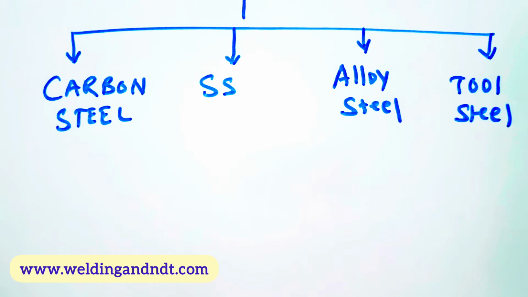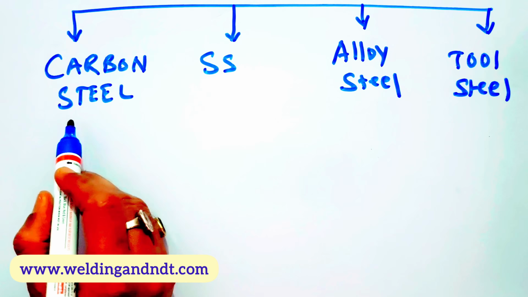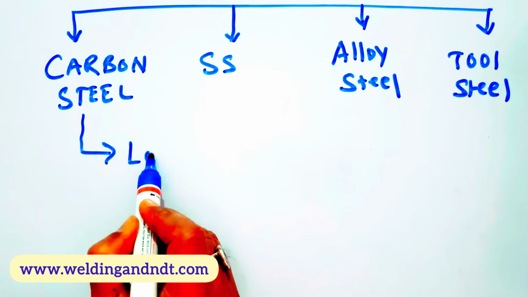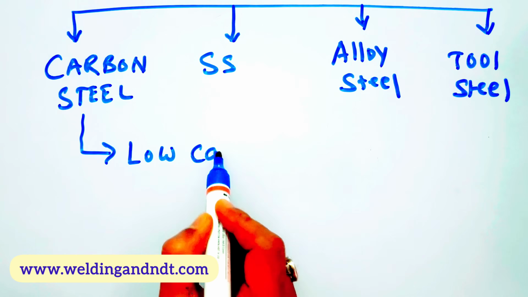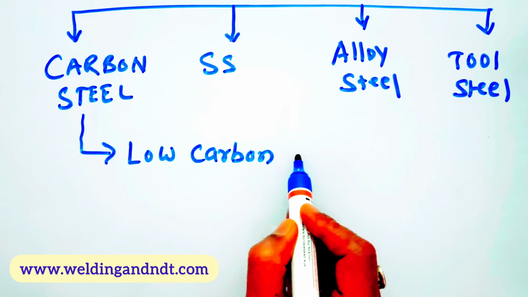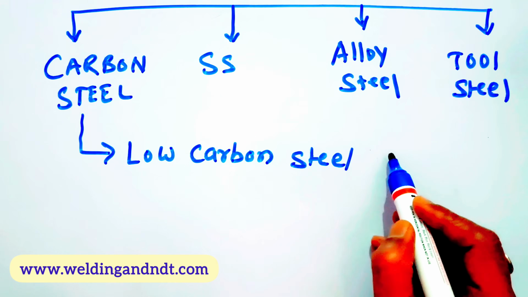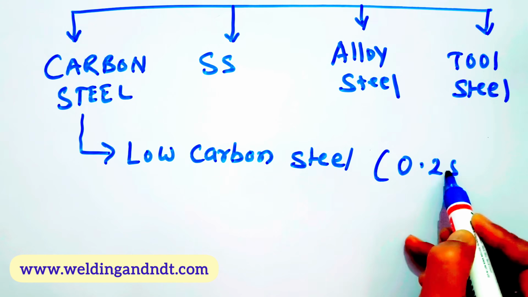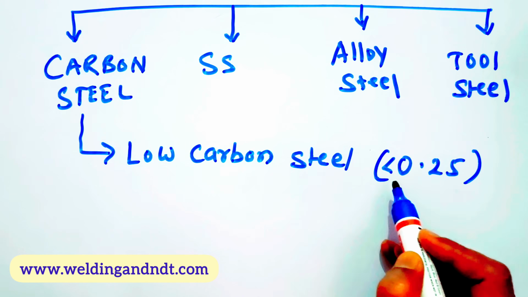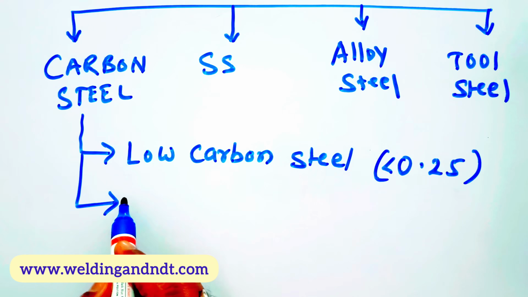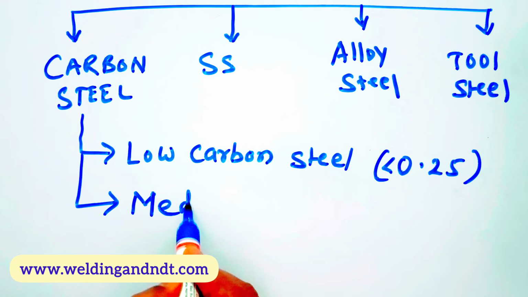So carbon steel will be further divided into three types. First one is low carbon steel. In low carbon steel, the percentage of carbon will be less than 0.25%. The second one is the medium carbon steel.